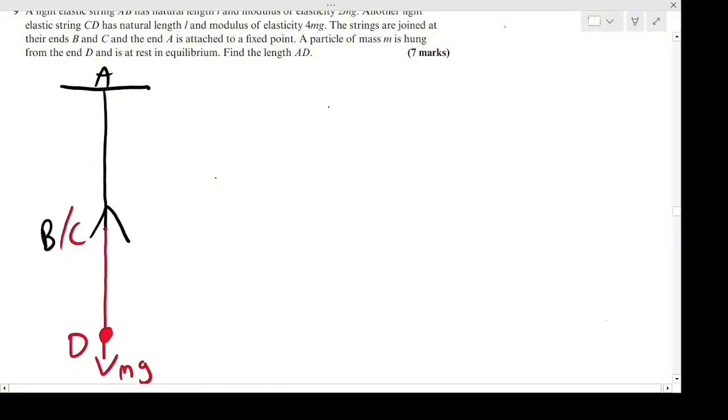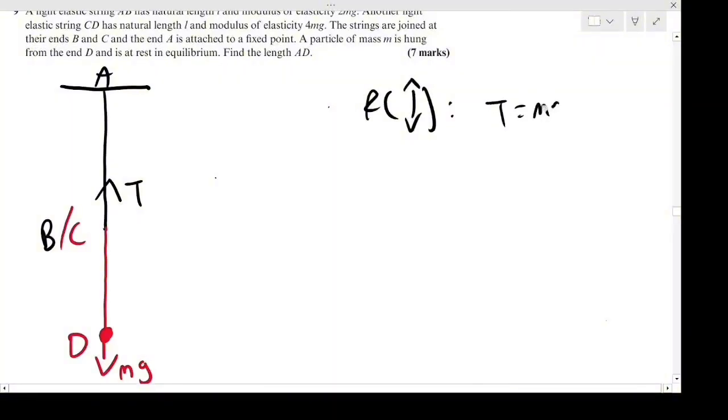Obviously, it's going to act upwards because it's going to oppose the downward stretch. So that means in each of the black and the red strings, the tension is going to be the same. And if we resolve up and down, we can see that T is indeed going to equal mg. Okay, so there we are.